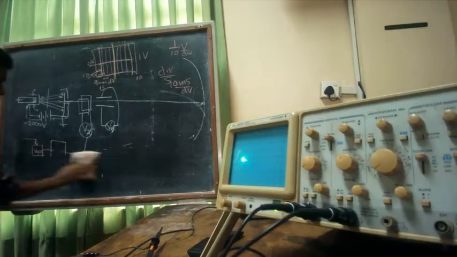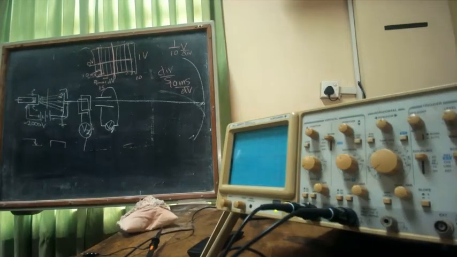Now while it is going like this, what happens if I apply a voltage here? Accordingly it will change its vertical position, right? If I apply a DC voltage instead of 0, it will jump up and stay there.